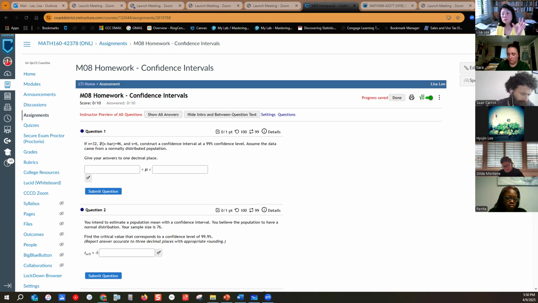So for a new product, new things happening, most of the time we have to use the t interval, because we can only collect a sample, interview 60 people or 30 people, collect their information, and find the standard deviation from the sample only. So you can only get it from the sample, use the t interval. Okay, that's very important to remember.